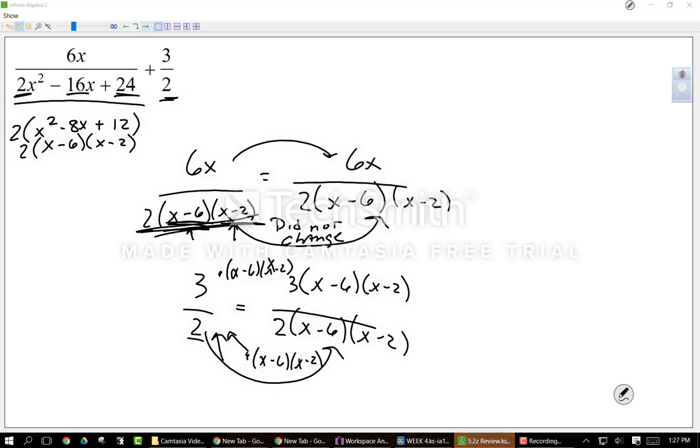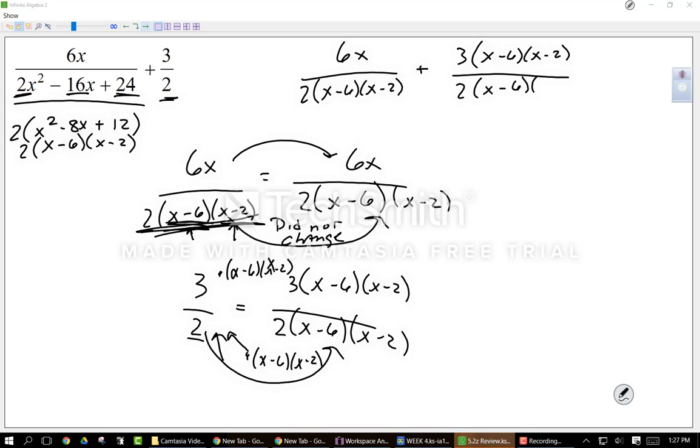Now let's start adding and subtracting and multiplying and doing all that other stuff. So here we go. I get 6x over 2 times x minus 6, x minus 2, plus 3 times x minus 6, x minus 2, over 2 times x minus 6, x minus 2. We know that when I add them, my denominator is going to be 2 times x minus 6, x minus 2.